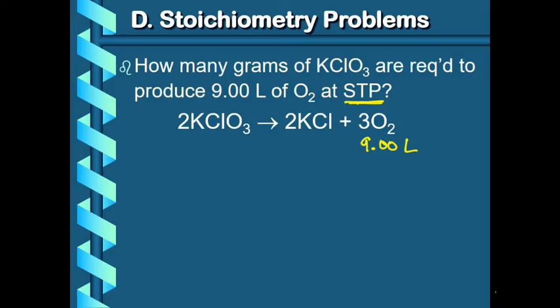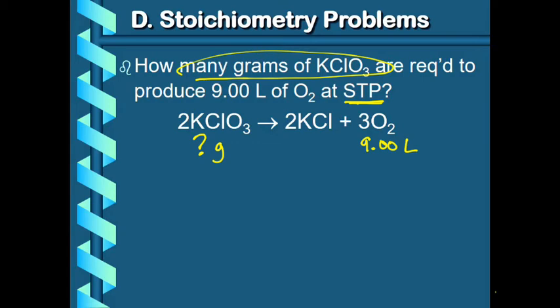If you see STP for this chapter, that is a giveaway. You're working with a gas, and more than likely you're going to be dealing with molar volume, which is dealing with a gas. And it says how many grams of KClO3 are required. So our unknown, again, is KClO3.